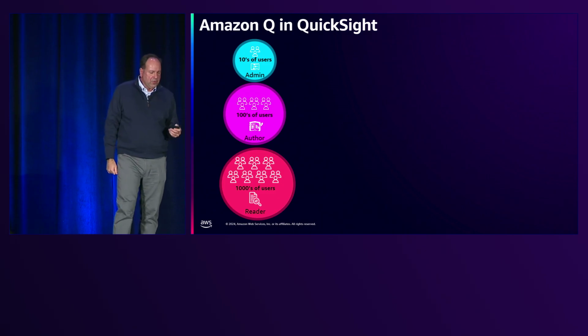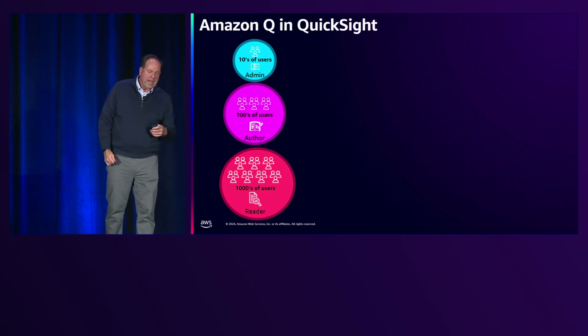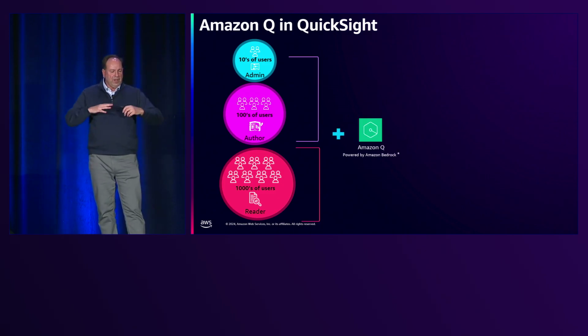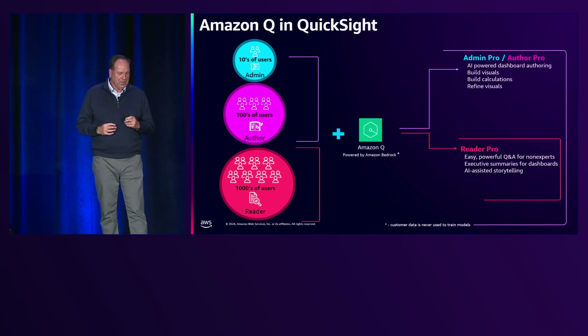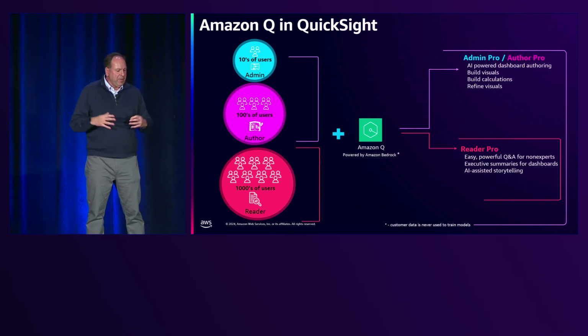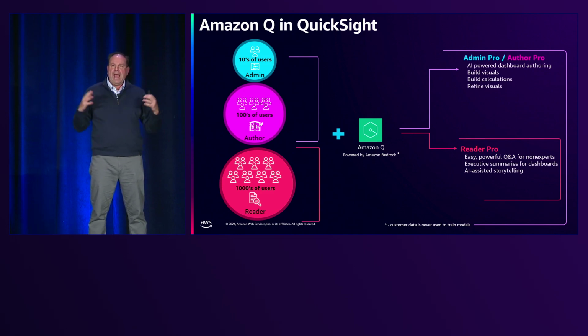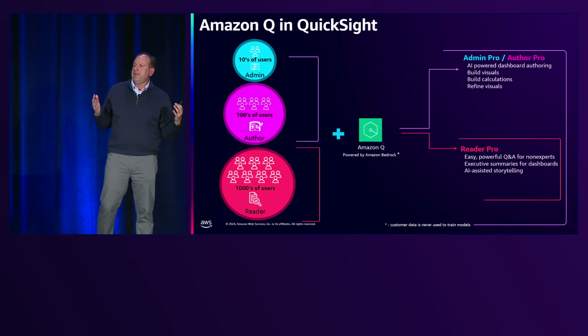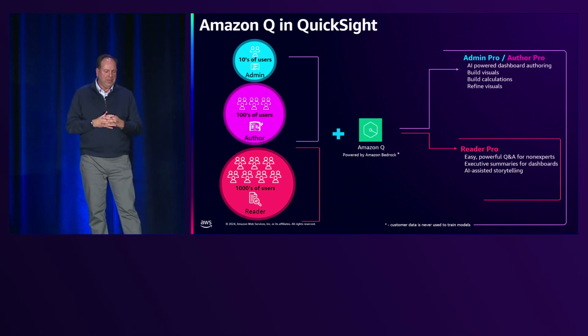Now with Amazon Q and QuickSight, we have a new set of users. We call these users pro users. And with the pro users, we have both admin pros and we have author pros. And the author pros get some of those capabilities that I just described previously.